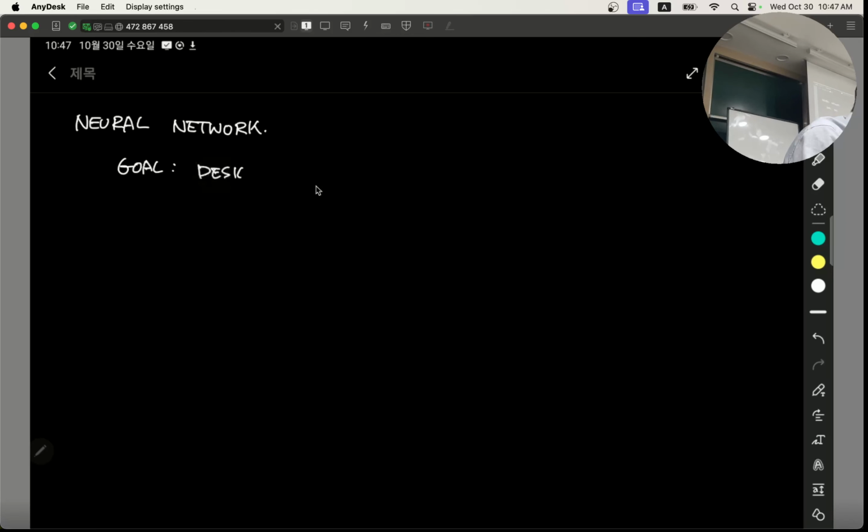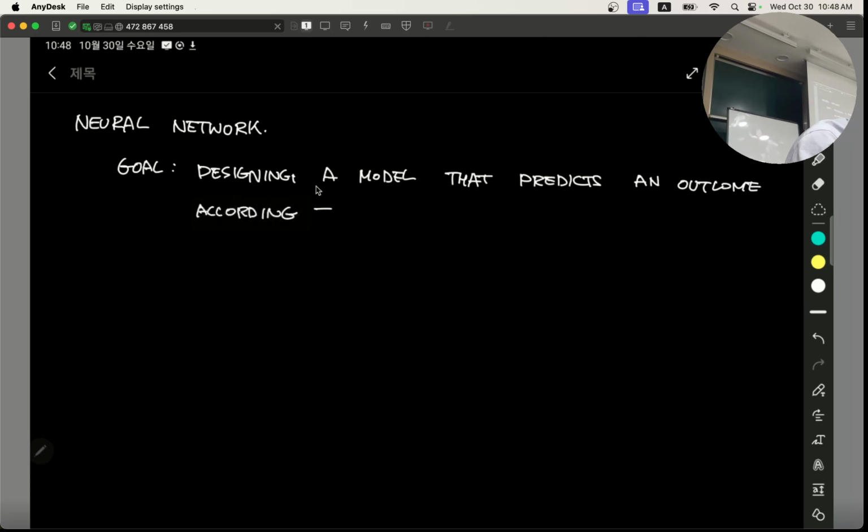The goal is designing a model that predicts an outcome according to the given data set.